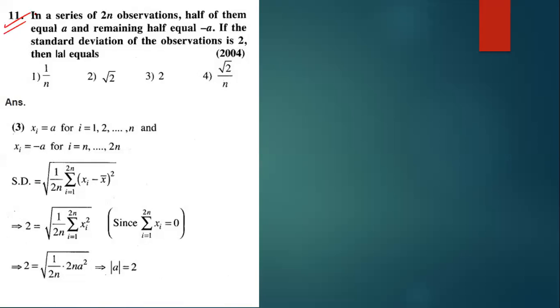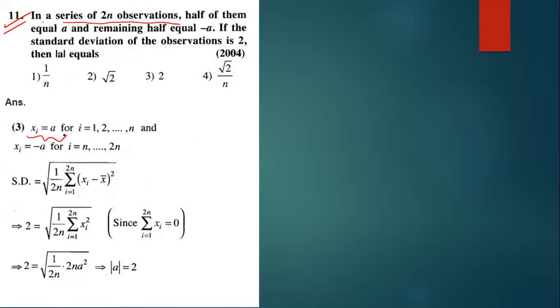Now see question number 11. In a series of 2n observations, half of them are equal to A and the remaining half of them are equal to minus A. If the standard deviation of the observations is 2, then modulus of A is equal to, they're asking. So, i running from 1 to 2n actually. For the first half of the observations, what is the value?